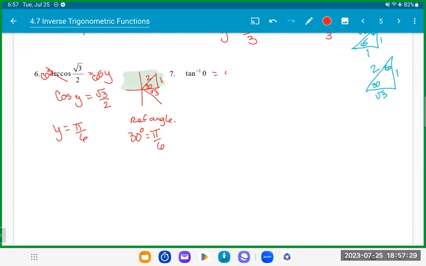This last one, we take the tangent. Where does the tangent of y equal 0? That is like 0 over 1, right? So my opposite is 0, so that means I'm here, and my adjacent is 1, so I'm at this point.